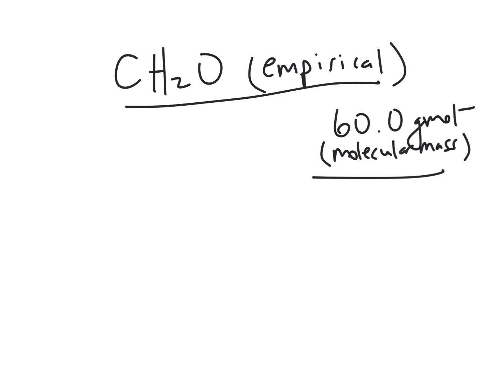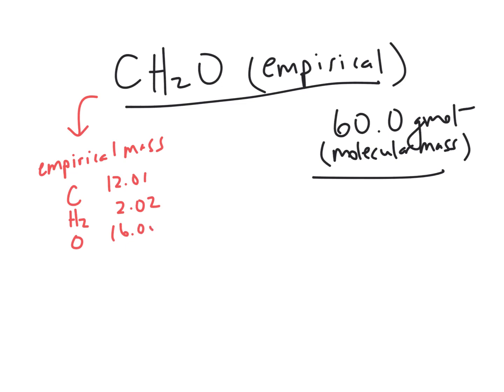Like we did in a previous example, we're going to find the empirical mass. If theoretically this thing were just made of a C, 2 H's, and an O, what would the mass be? It would be this, which is 30.03 grams per mole.